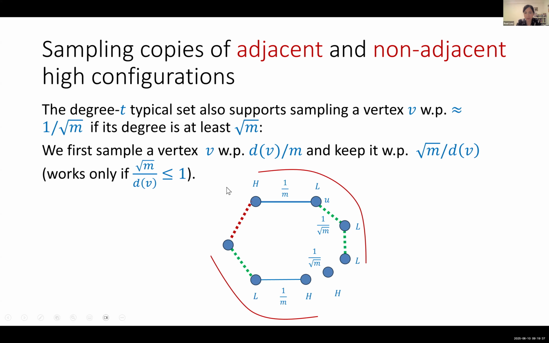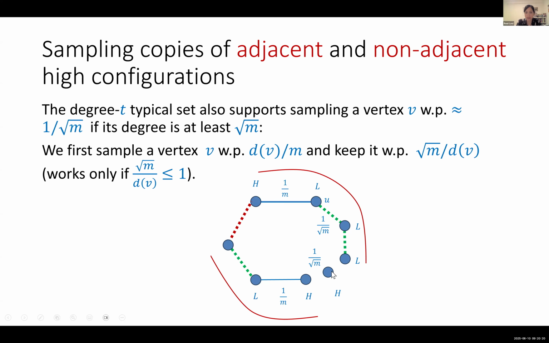Okay, so how can we incorporate this to support sampling copies of adjacent high configurations? Let's consider, for example, this copy here, in which we can partition the vertices on the cycle into paths. The first path is this path that we will try to catch via a single edge sample, and then two random walks of t steps, namely steps in which we guess an index between 1 and t.